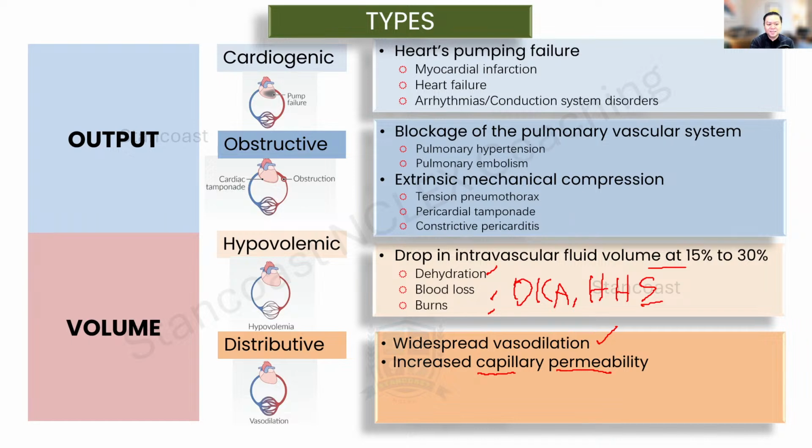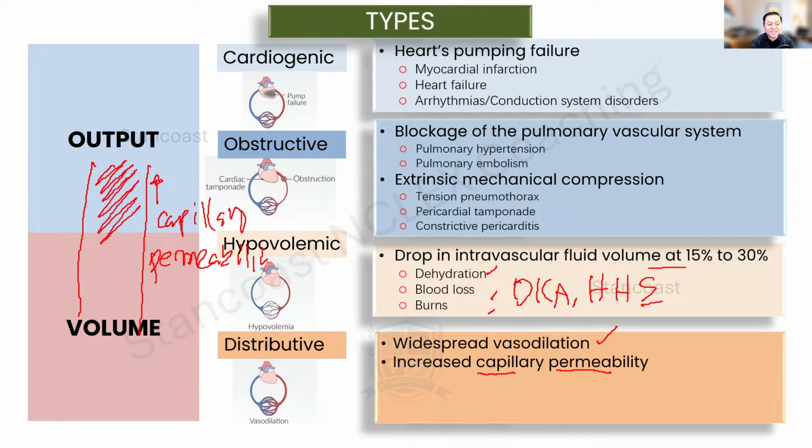Take note about the vasodilation, increased capillary permeability. If you're not quite clear what that means, capillary permeability is increased. So, if there is such thing as increased capillary permeability, it can lead to what? Leakage of the fluids from the intravascular compartment.